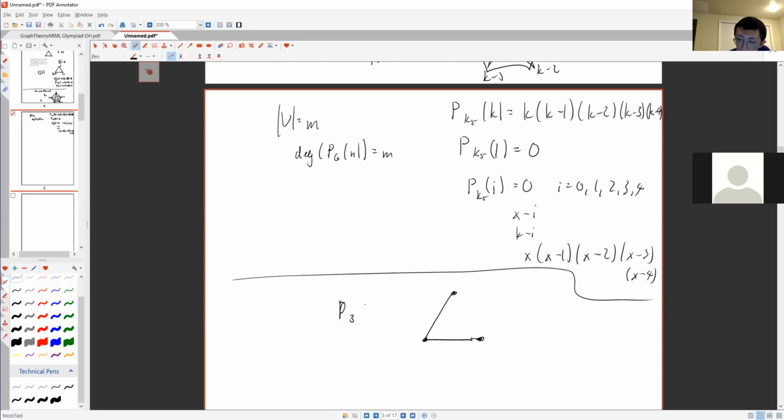Remember, this is a function of, let's just call it x. So this is saying if I have x colors, how many ways can I color it properly? We'll say a proper coloring is, no adjacent vertices are the same color. So how many proper colorings with x number of colors?